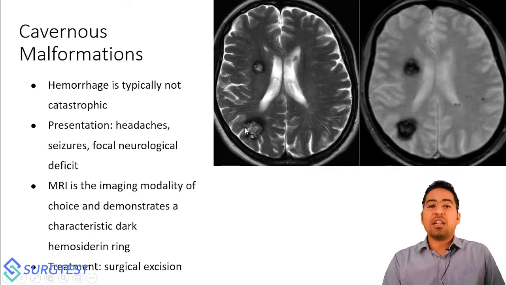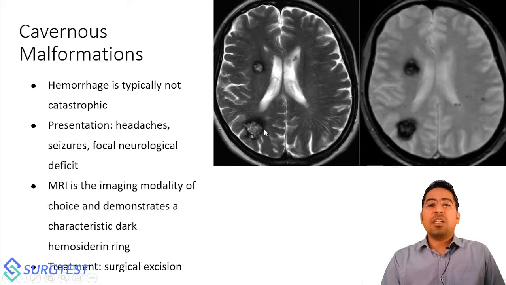That is the dark ring around these cavernous malformations which indicates chronic slow hemorrhages which are happening. That's why there is a formation of a dark area around the lesion, called the hemosiderin ring. And the typical appearance of cavernous malformation is described as popcorn appearance. Popcorn appearance is also a classical feature of cavernous malformation.